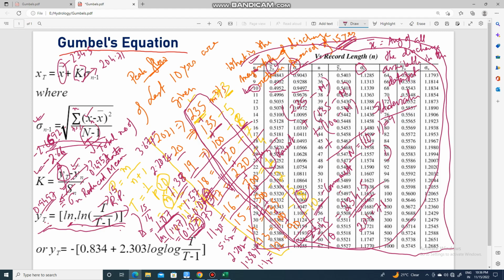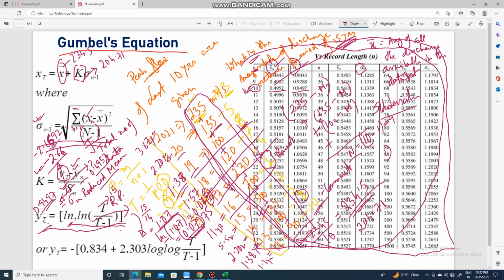Here first I'll put minus 2.66, again minus 0.4952, then I will divide it by the reduced standard deviation, which is 0.9497.